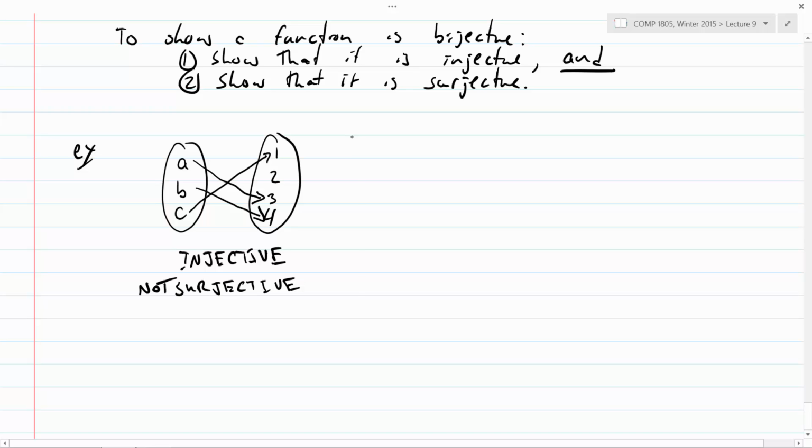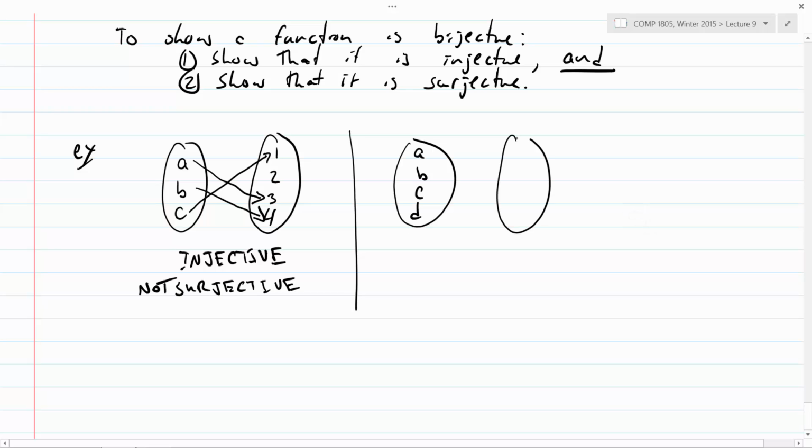Okay, here's another function. This takes A, B, C, D to 1, 2, 3. This one takes A to 2. It takes B to 1. It takes C to 3.